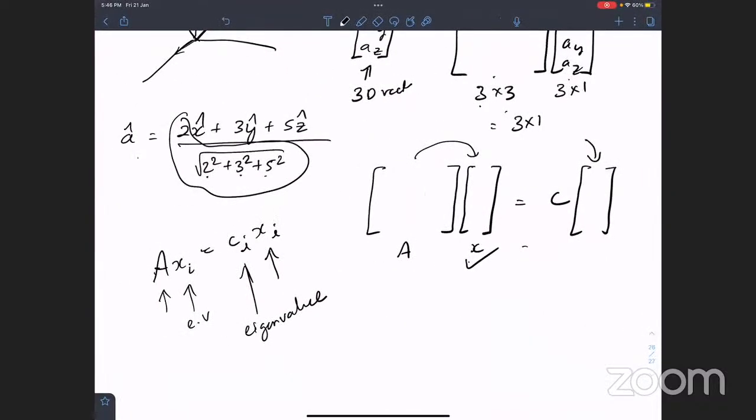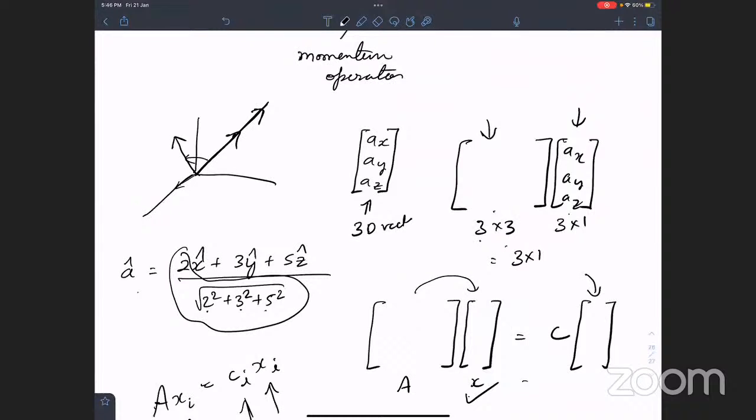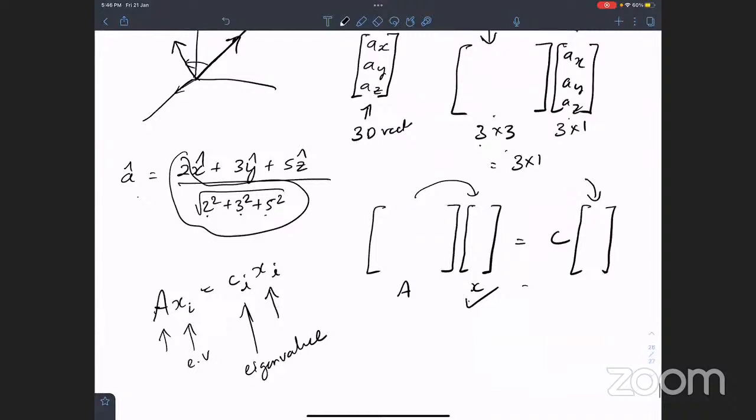So basically linear algebra, nothing surprising. If you want to visualize it geometrically, you give me any 3 by 3 matrix, and it will take a vector and transform it into some other vector in three-dimensional space. For a given matrix, I can always find some unique vectors called eigenvectors that have this special property: A into the eigenvector is some eigenvalue times the eigenvector.